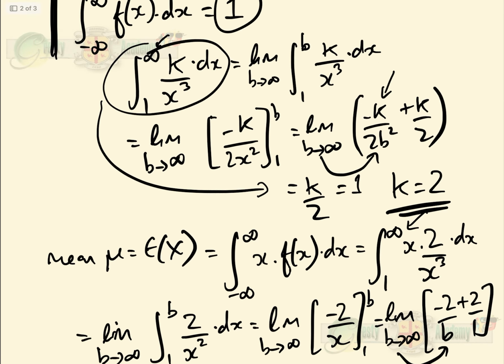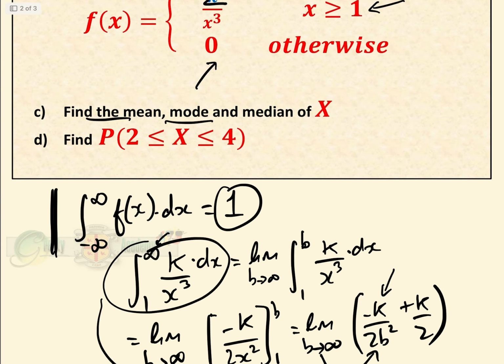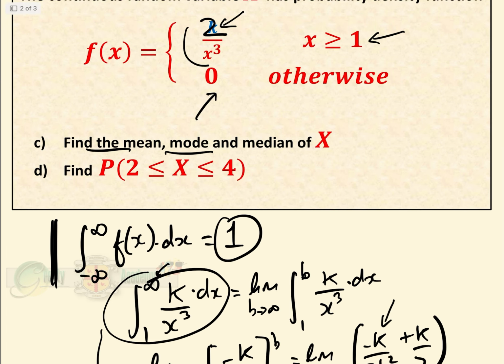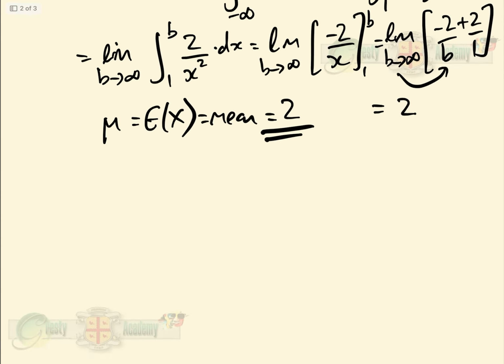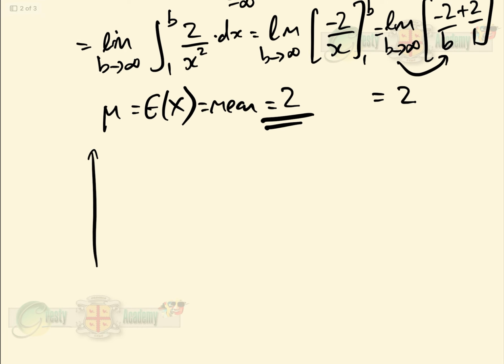Okay, now the mode, which is the second thing we've got to find. Remember, we have to find the highest point of f of x. Well, as f of x is 2 over x cubed for x greater than or equal to 1, we can actually draw it like this. Here is the point 1, and when x equals 1, here is the point 2.